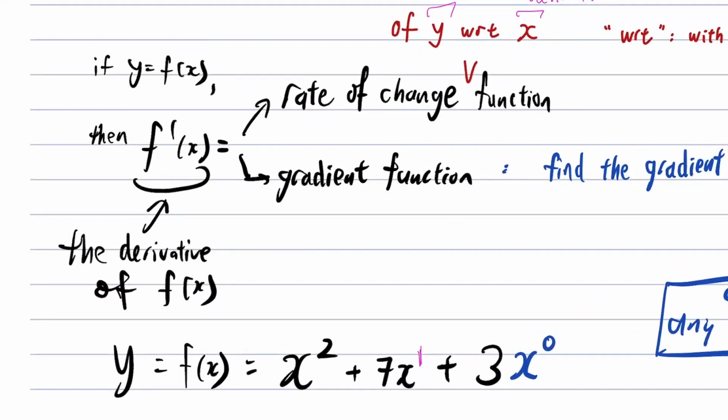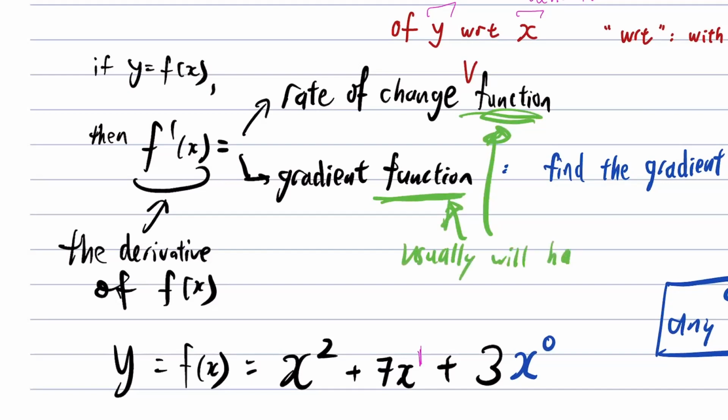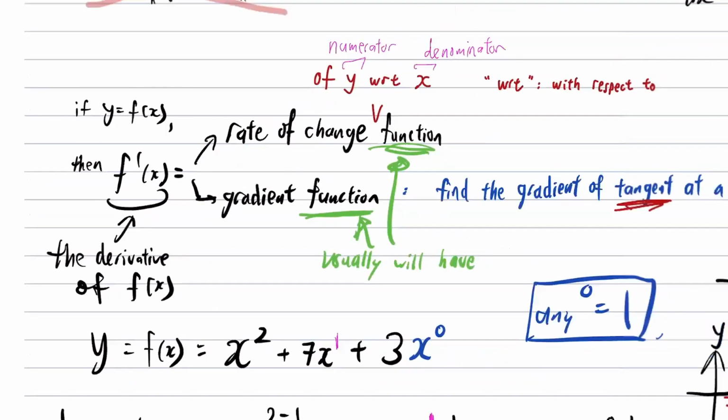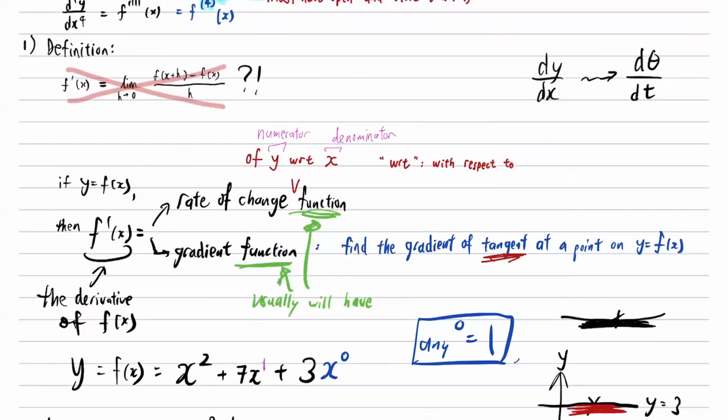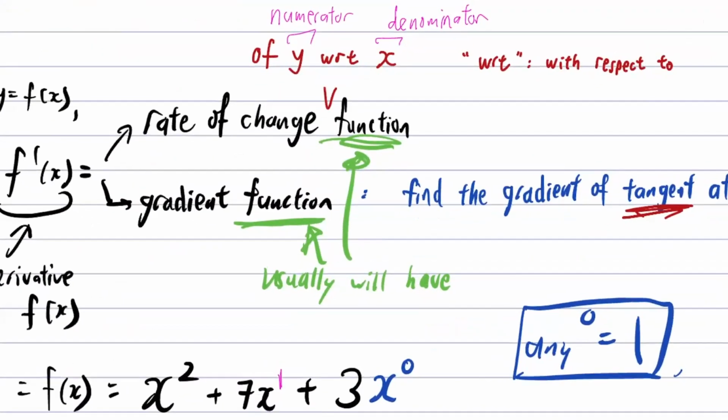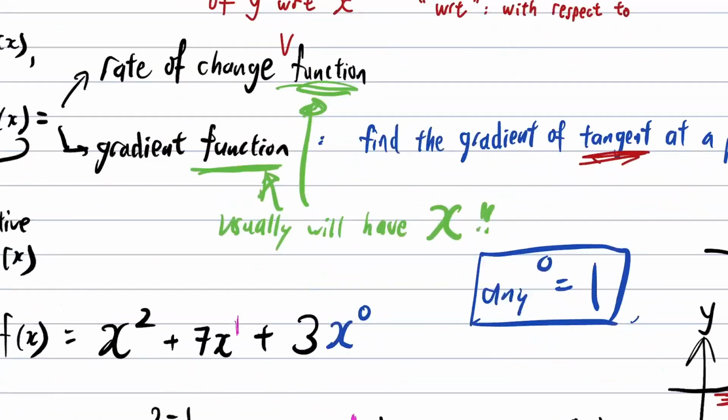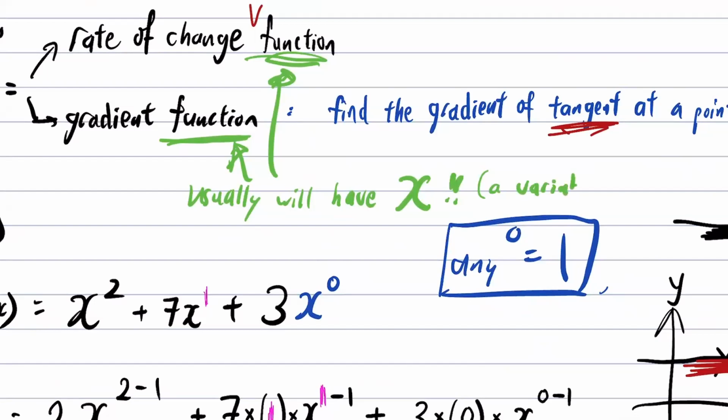Use a different color. Not always, but usually they must have, usually we'll have x, a variable. They contain a variable.